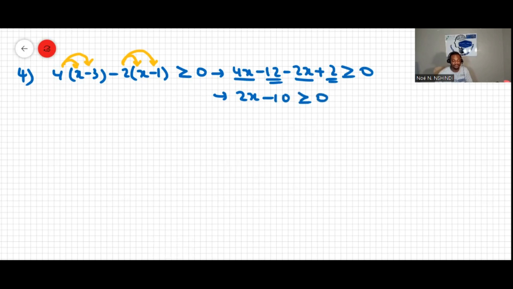Then we can take 2 for the common factors. 2 times x minus 5 greater or equal to 0. Now 2 cannot be 0, but we need the critical value here, which is 5.